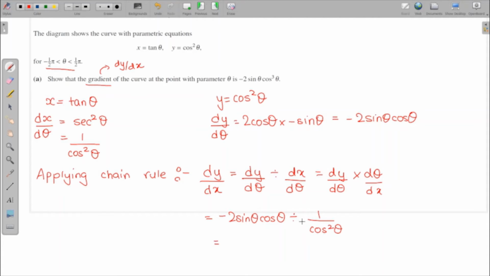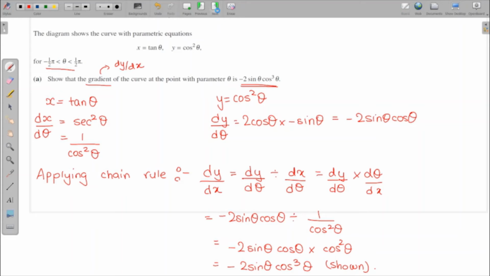So since we are multiplying, this will get flipped, so this will become minus 2 sin theta cos theta into cos square theta. So cos theta into cos square theta will give cos cube theta, and we will get minus 2 sin theta cos cube theta, and see this matches with the expression given to us in the question. So we have shown this derivation.